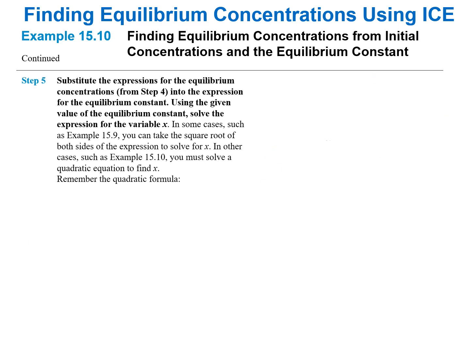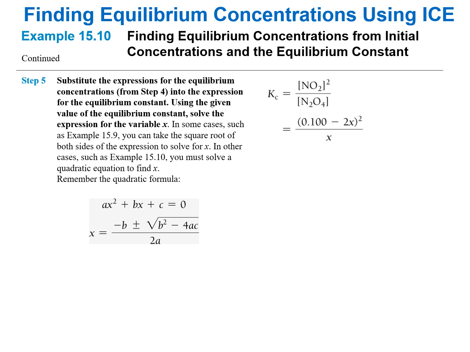Okay, now we're going to substitute the expressions that we came up with for the equilibrium concentrations into the expression for the equilibrium constant, and we're going to use the quadratic equation for that. So here we have our reaction, and now we have some ending concentrations for each of our species.